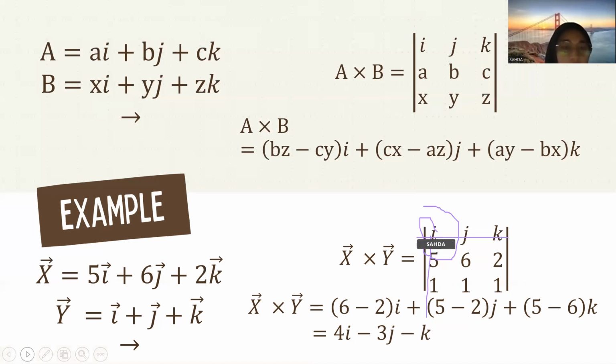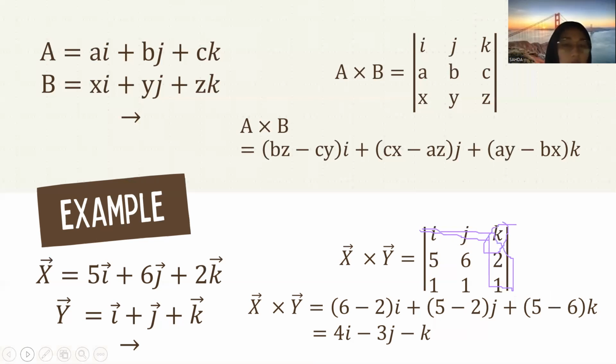So you have 6 times 1 is 6 minus 2 times 1 is 2. And for j hat, you're going to cross out the column and row, and you have 5 times 1 is 5 and 2 times 1 is 2. And then the last is for k hat, you're going to cross out the k hat column and row, and you have 5 times 1 is 5 minus 6 times 1 is 6.